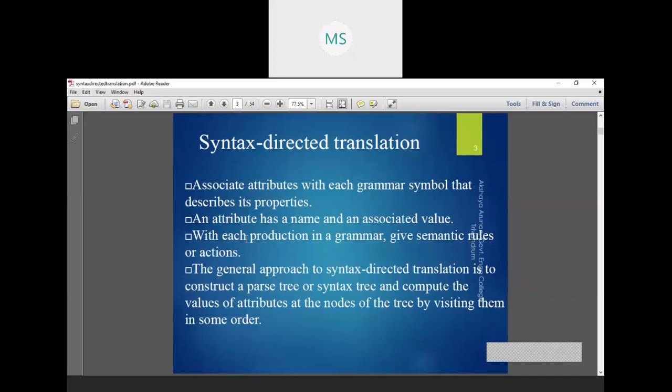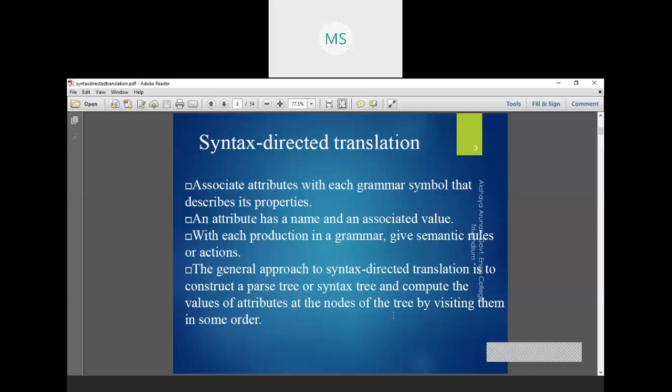If you write actions for your production, it is called a syntax directed translation scheme. The general approach to syntax directed translation is to construct a parse tree or syntax tree and compute the values of attributes at the nodes of the tree by visiting them in some order. Depending upon your parse tree, I have to evaluate each node.